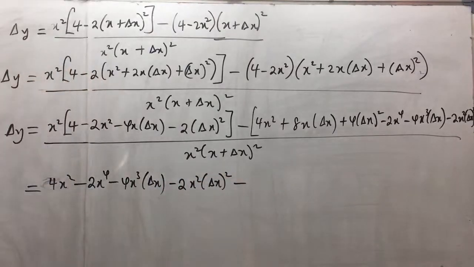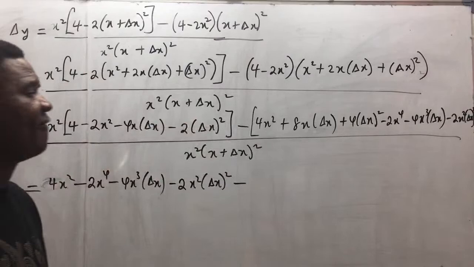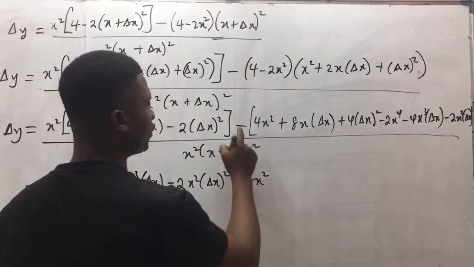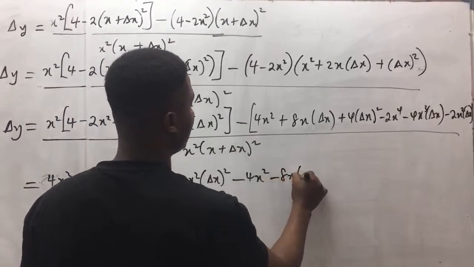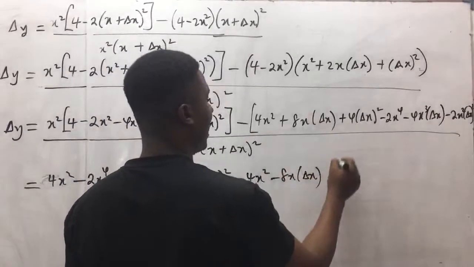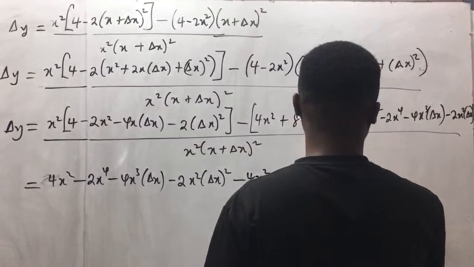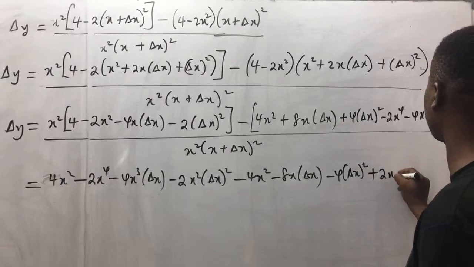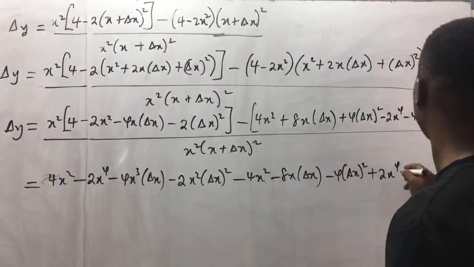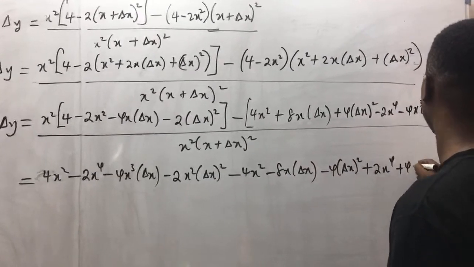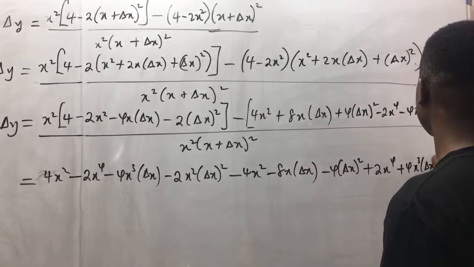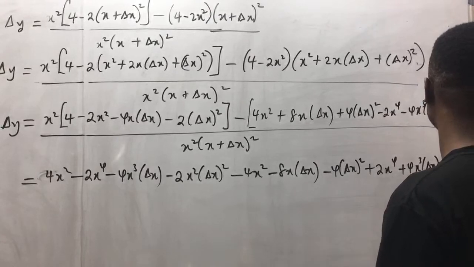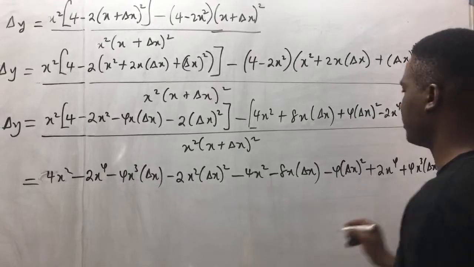Minus, then minus times 4x squared, when you use this minus to open up the bracket, gives you minus 4x squared minus 8x change in x minus 4 change in x all squared, minus minus 2x to the power 4, which is plus 2x to the power 4, plus 4x cubed change in x, and then plus 2x squared change in x all squared.